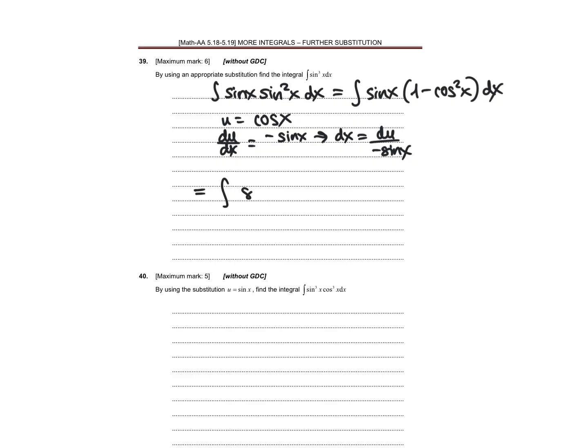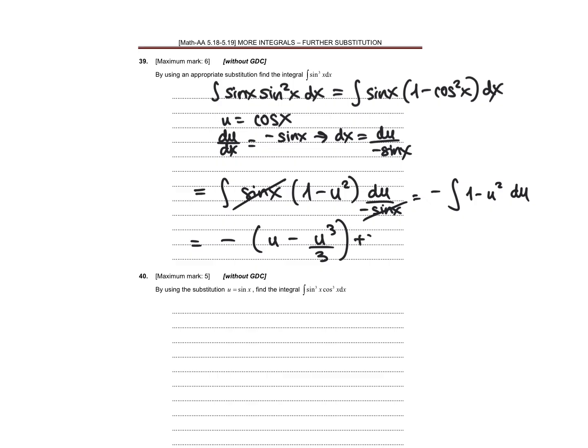So our integral becomes sine x times 1 minus u squared du over negative sine x, which cancels. So this is negative 1 minus u squared du, and that's going to be negative u minus u cubed over 3 plus c. So that's going to be negative cosine x plus cosine cubed x over 3 plus c.